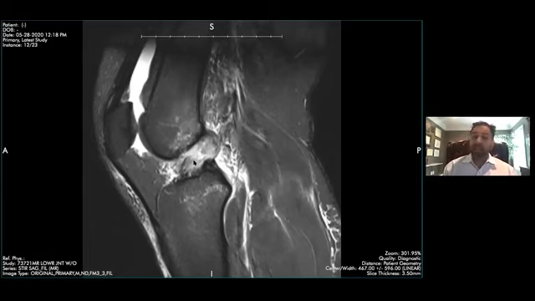And in fact, the reason why I'm showing you this case is that bone marrow edema patterns in the knee are extremely, extremely important. The bone marrow edema patterns predict the soft tissue structure that's injured. This is one of 5 marrow edema patterns that's recognized as a classic pattern that predicts soft tissue structure.